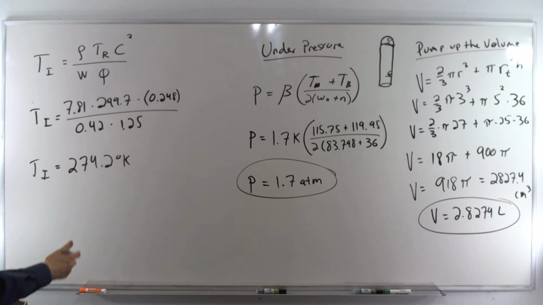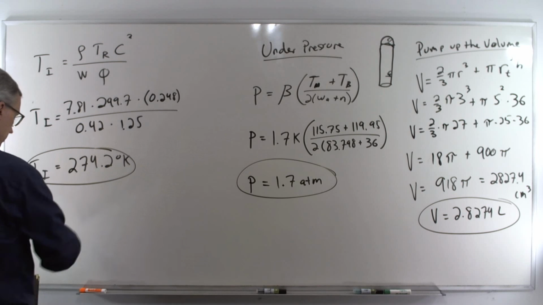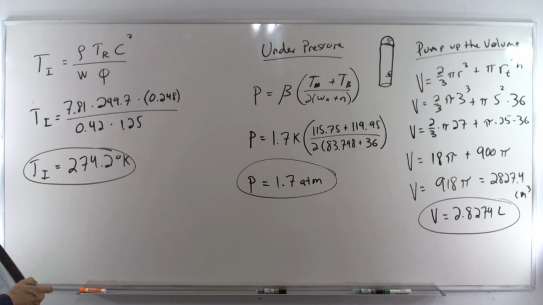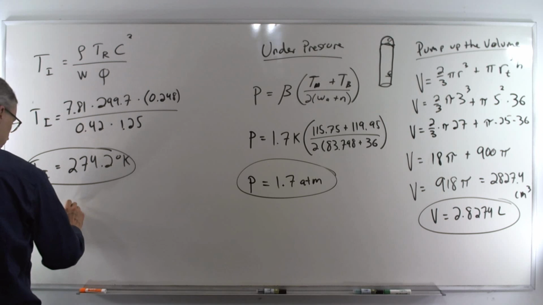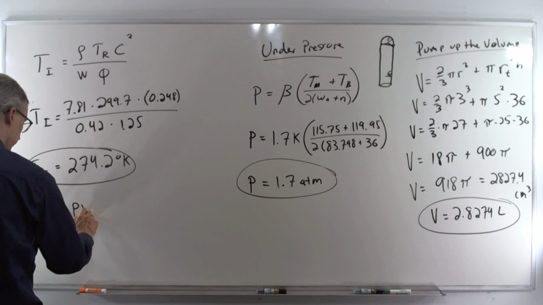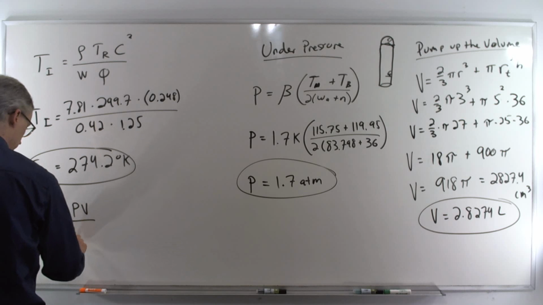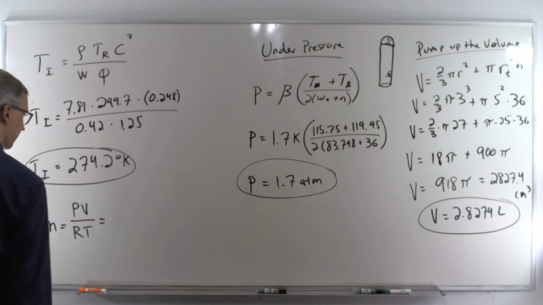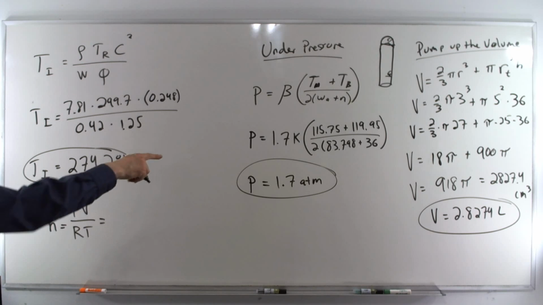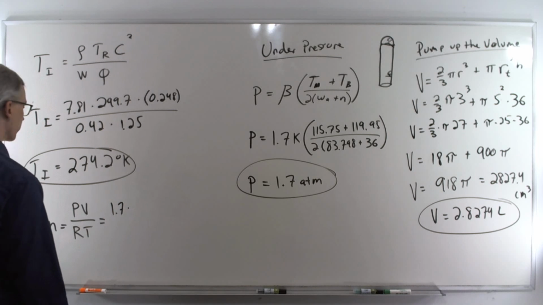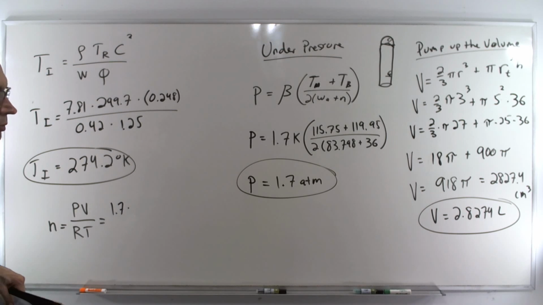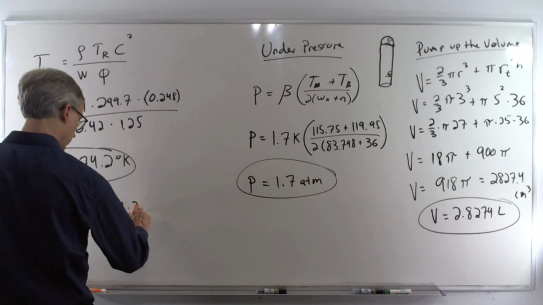Now we have all 3 values that we need, and we are ready to use the ideal gas equation, which will tell us the number of moles of particles of krypton. We've got our pressure, 1.7 atmospheres, that goes in for P. We have our volume, 2.8274.